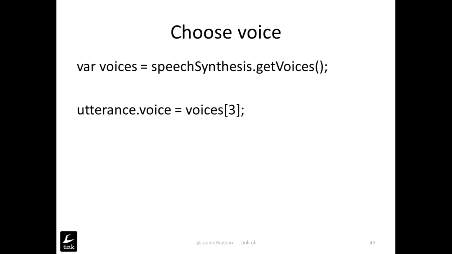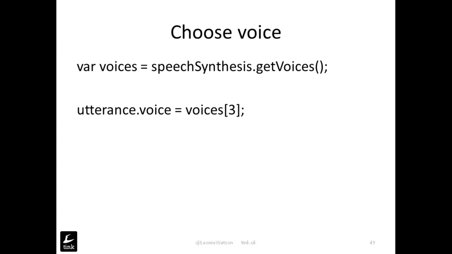You can also choose voices. Most platforms, Windows, Linux, OS X, and so on, have a whole bunch of TTS engines available. So you can use the getVoices method just to return a collection of different voices. You can iterate through those and choose one and just give it the index value of the array when you've gone through whatever mechanism you needed to choose it. And you can have quite a lot of fun with that to choose different voices.